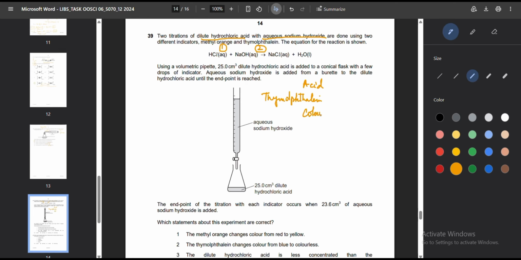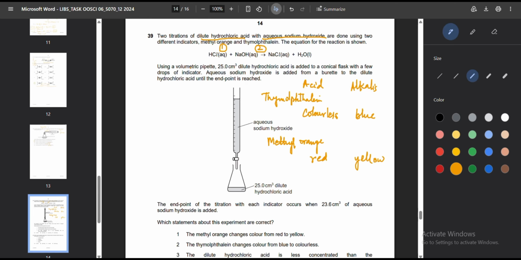It is colorless in acids, and in alkalis it gives blue color. And methyl orange is red in acids, and it gives yellow color in alkalis.